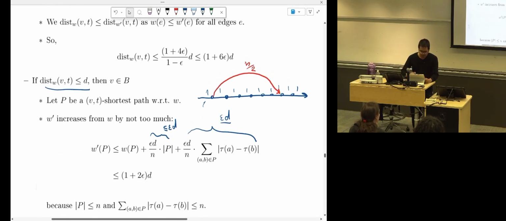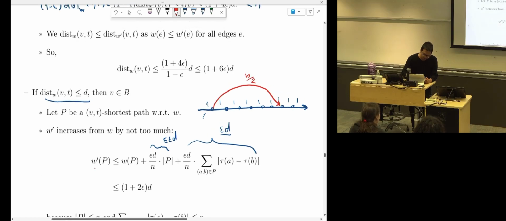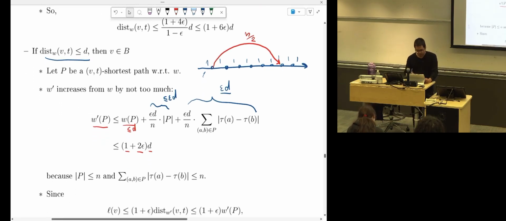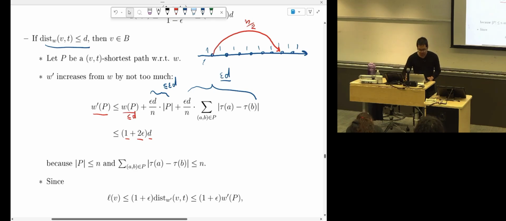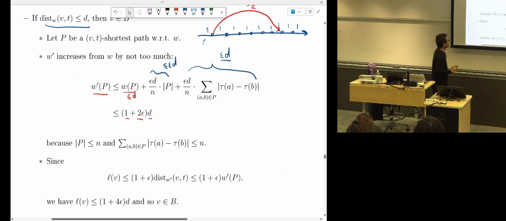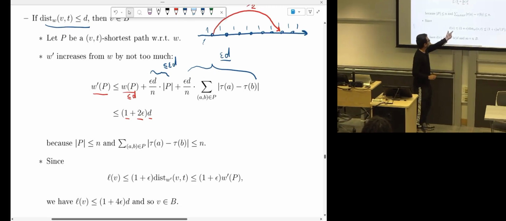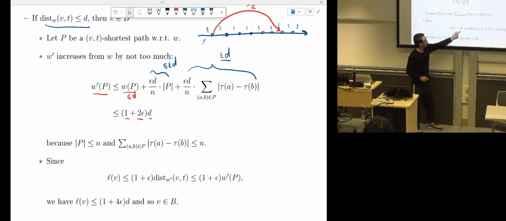So then you get that this is at most d. So this is 1 plus 2 epsilon d. But now we know that all edges are epsilon stretch.